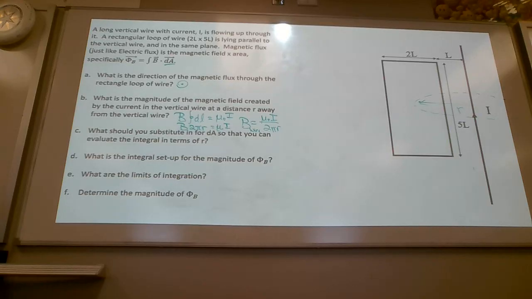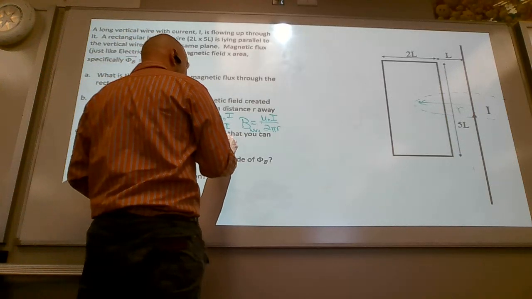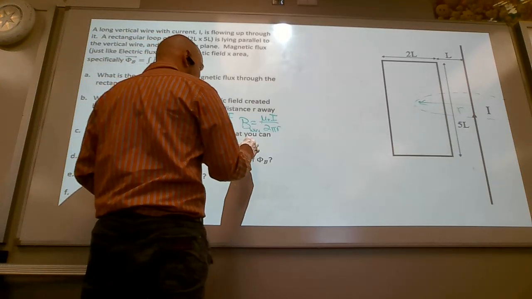I'm looking for dA, a little sliver of area. That gives me something in terms of r that I can integrate, specifically dr. I would do 5L dr.